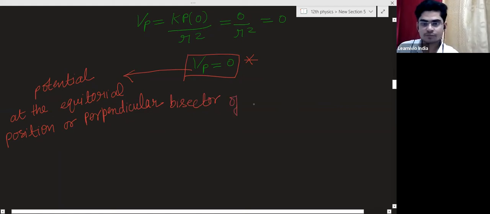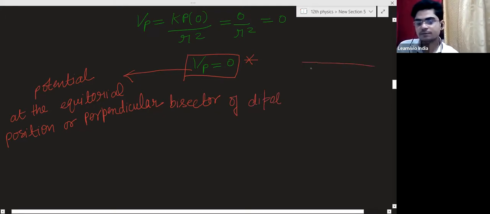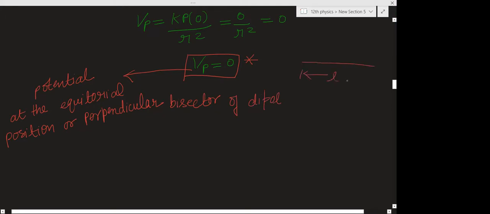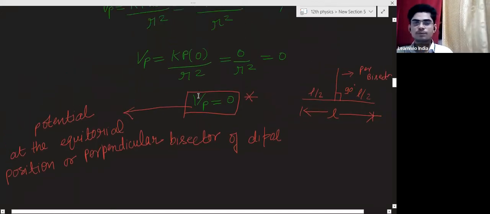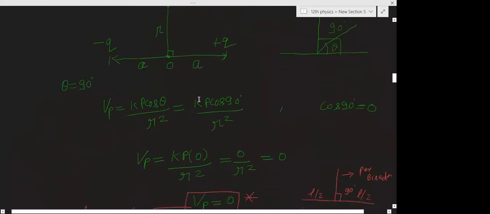It is a line that cuts this line in half, L by 2 and L by 2, and the angle also becomes 90 degrees. This is the meaning of perpendicular bisector. Please note it down. This is case second.